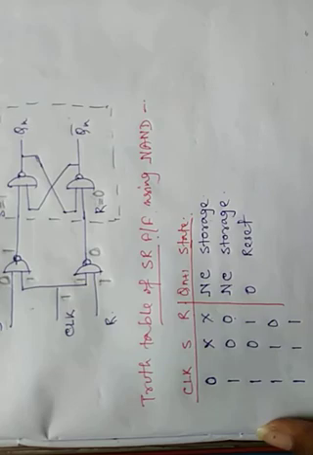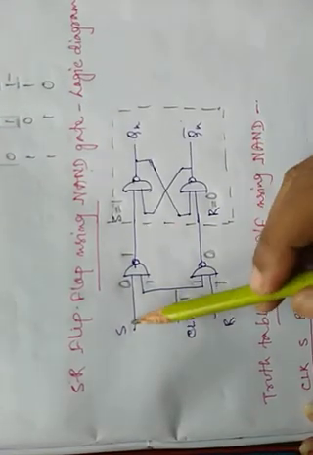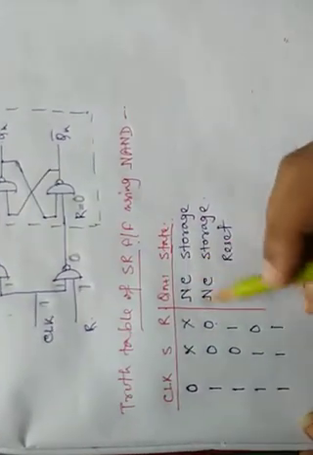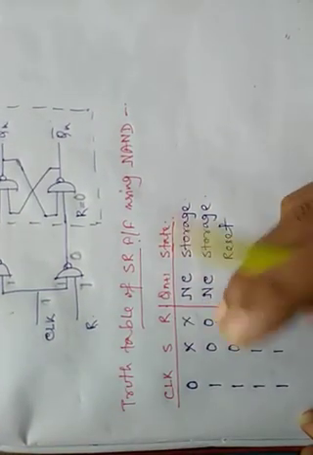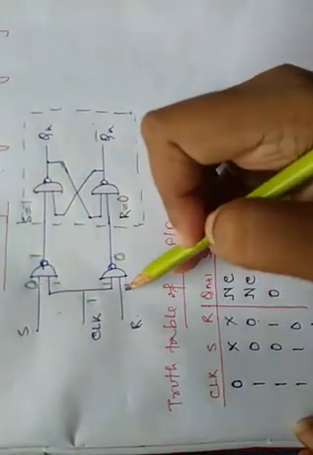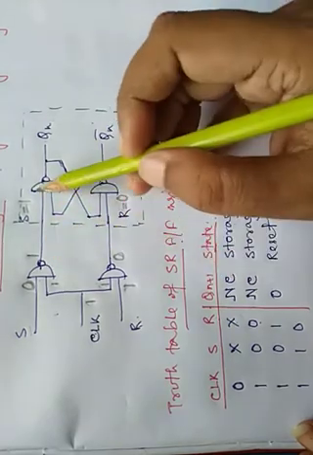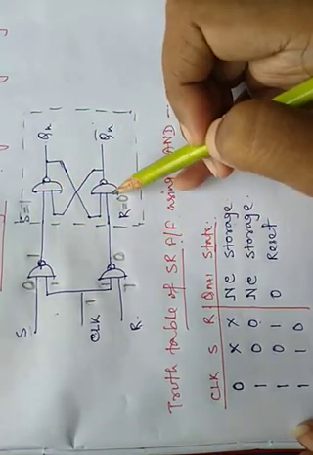That means just keep in mind this input is written here. Okay, this S and R is the input of this one, and we get output ultimately after passing through the second stage.